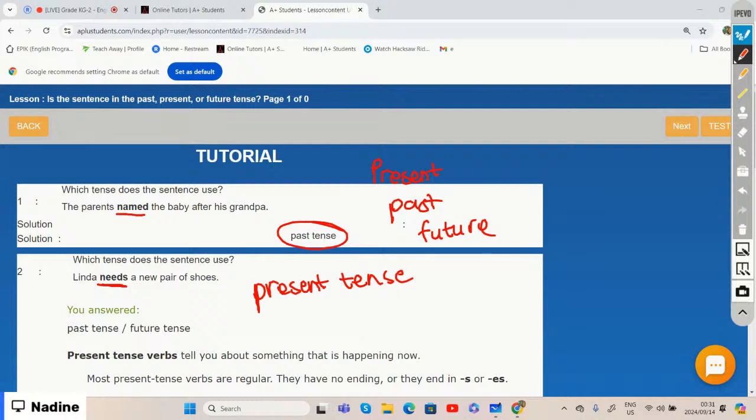Linda needs a new pair of shoes. She needs it now. Not need it in the past, not will need in the future. She needs, meaning now, right?